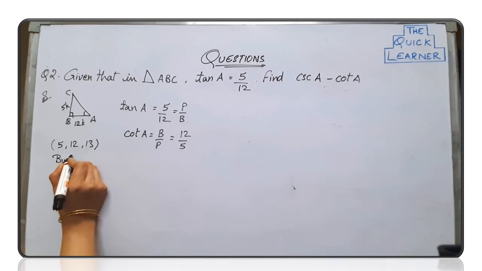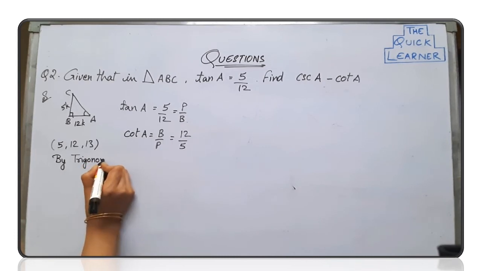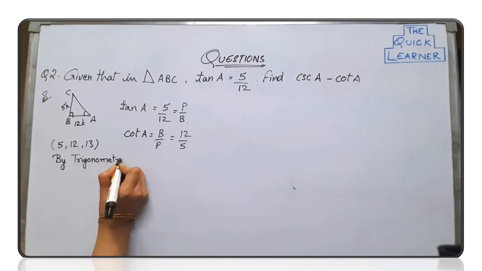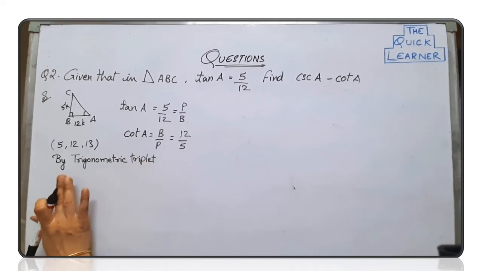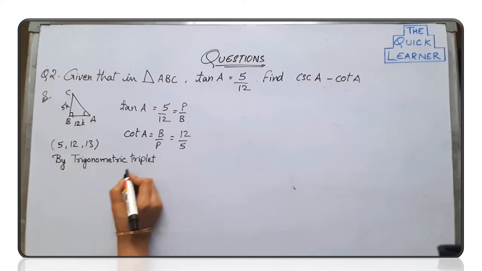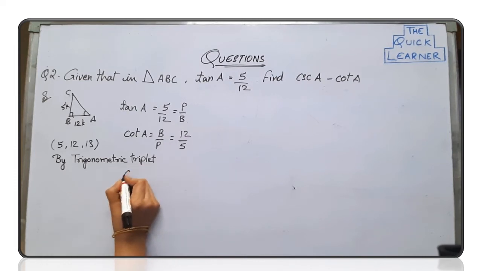This is by trigonometric triplet, 5, 12, 13. So we can say sine is required? No, we'll directly go to cosecant.